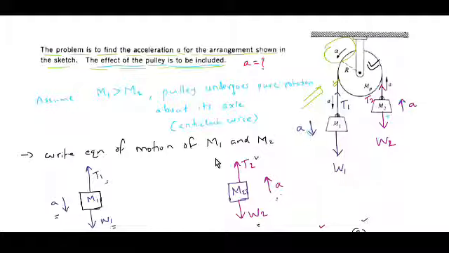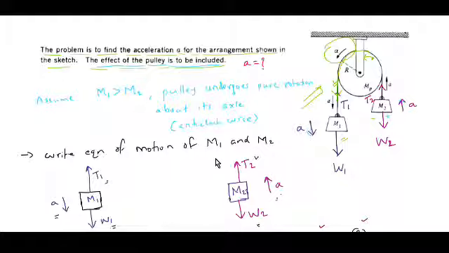Velocity of the rope is equal to the velocity of a point on the surface of the wheel. Because of this mass difference, the rope is pulled down. When the rope is pulled down, if you consider a point on this wheel, then that point will also rotate with the same velocity as the rope.